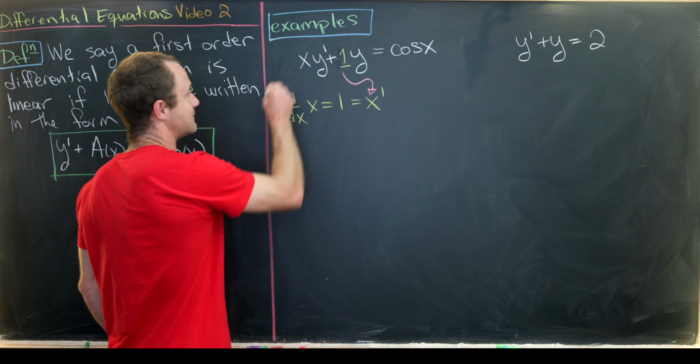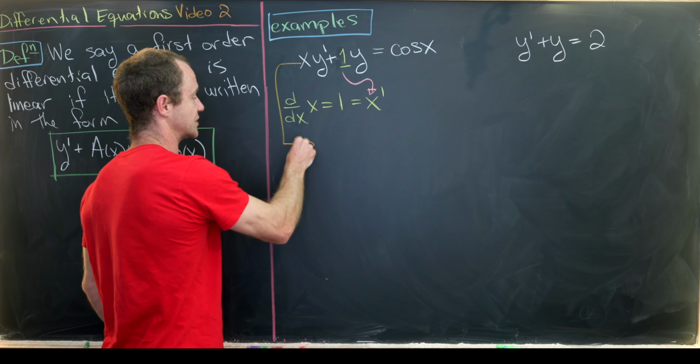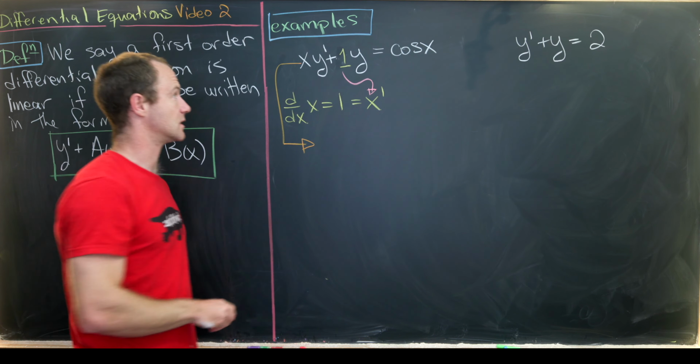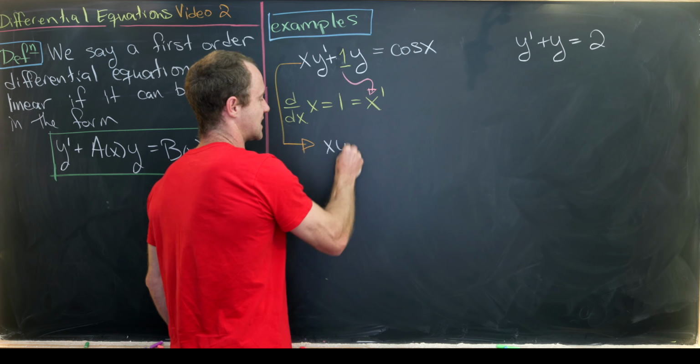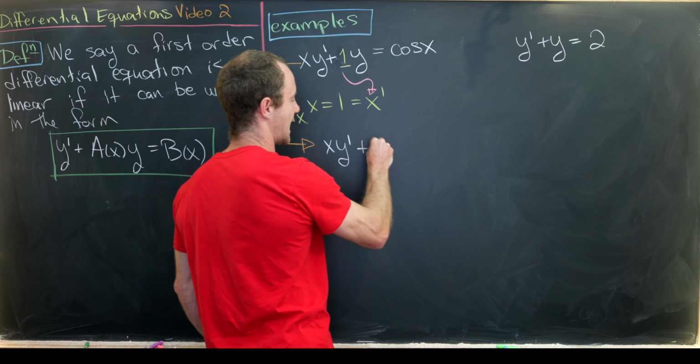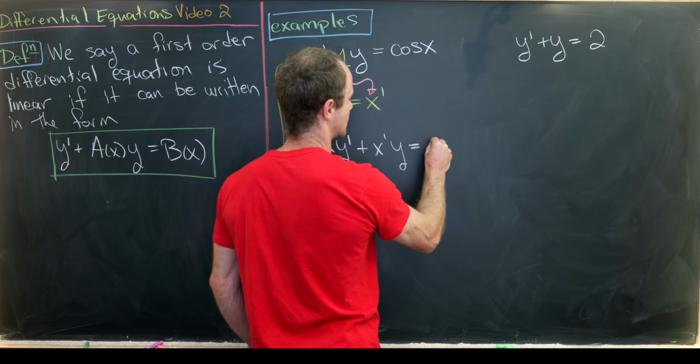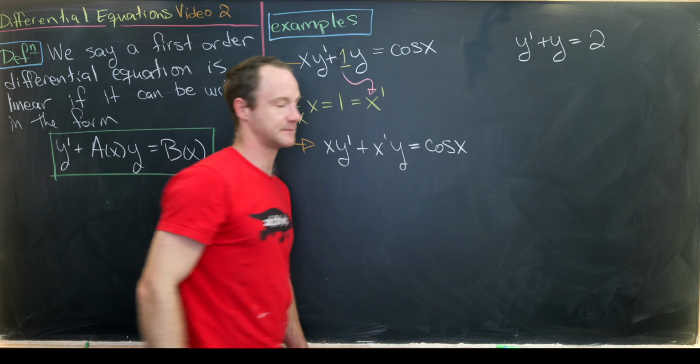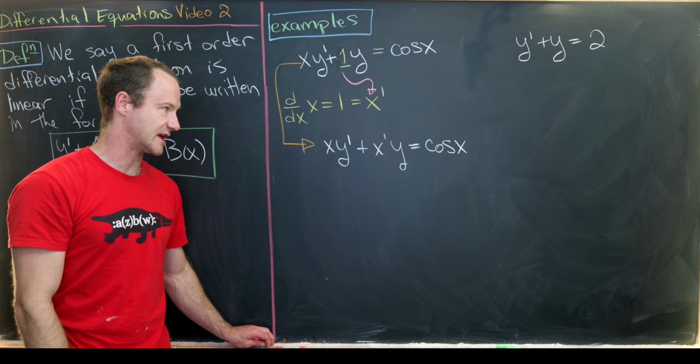That being said, we can take this differential equation and rewrite it as follows. We have x times y prime plus x prime times y equals cosine of x. And I didn't just do that randomly.